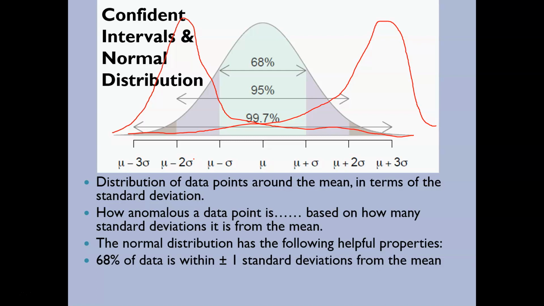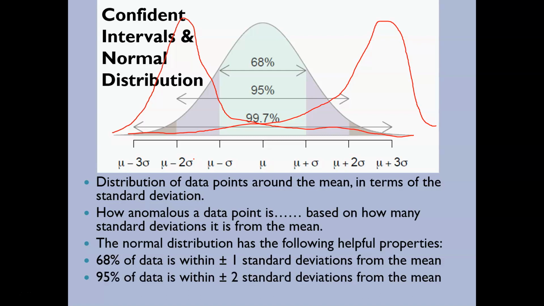So again, the 68% confidence interval refers to data located within a single standard deviation around the mean. The 95% confidence interval refers to data points found within two standard deviations around the mean, added or subtracted.